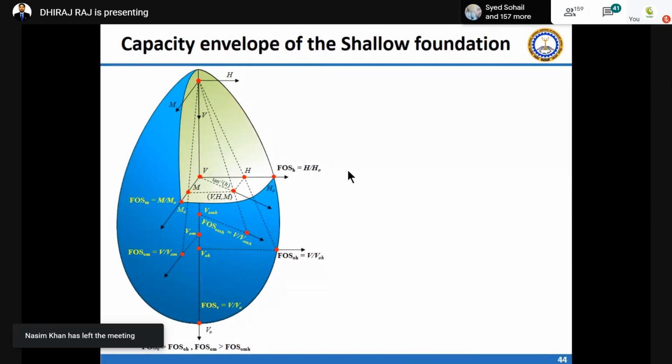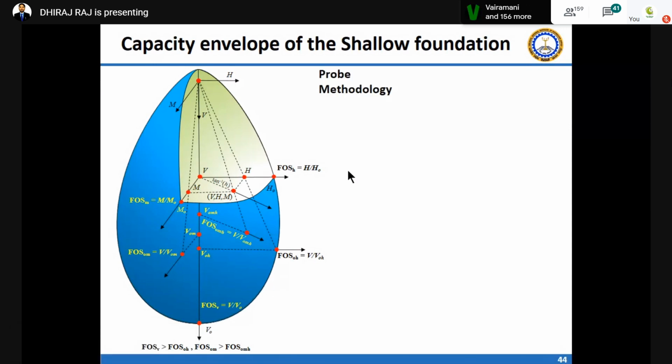And if you are keeping a load constant, like a vertical load we are applying, and then we are pushing our foundation in the horizontal direction, and you are coming to the maximum horizontal capacity, this method is your probe method. So there are 2 methods, probe and swipe. I used the probe methodology, especially as it is very fast.